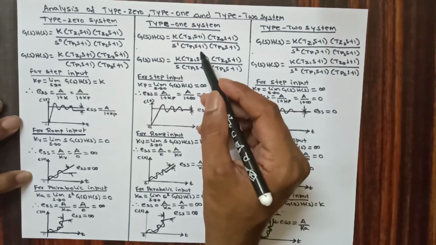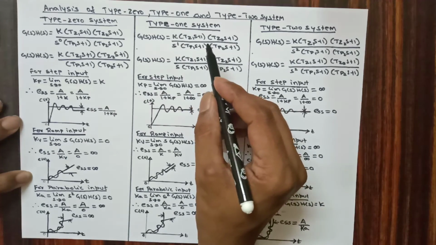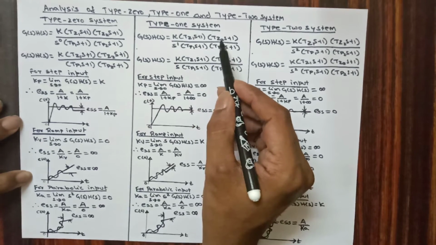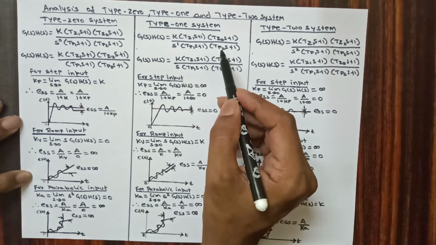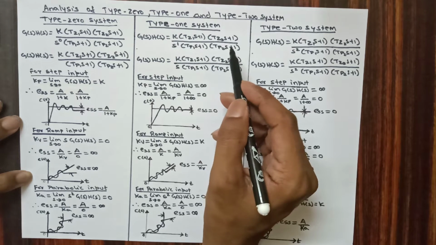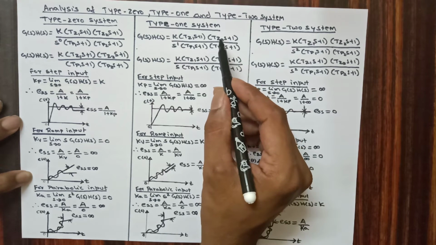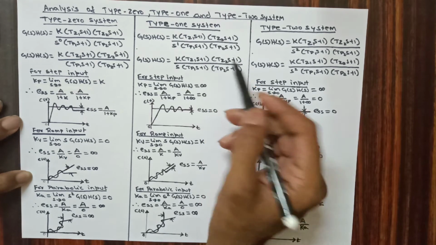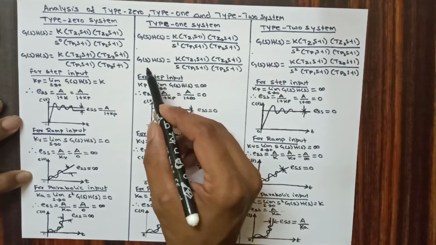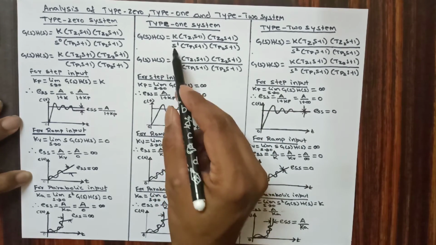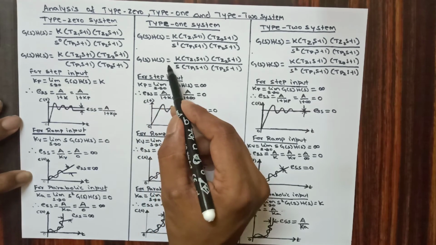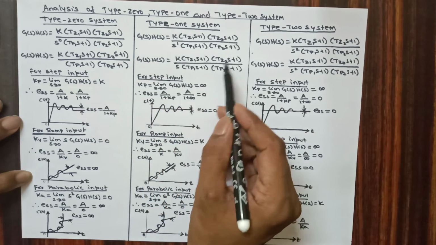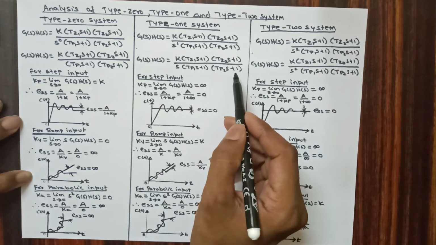As I said, for analyzing purposes, I have considered two terms in the numerator and two terms in the denominator. These terms depend upon the system, and as per that we get the number of numerator and denominator terms. I am rewriting this type 1 system as G(s) into H(s) equivalent to K into numerator terms divided by s into denominator terms.